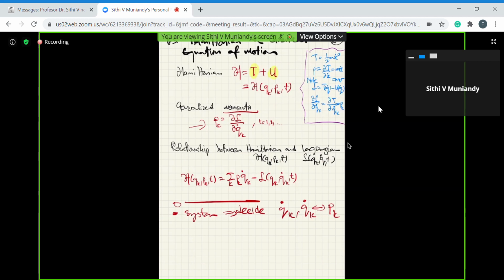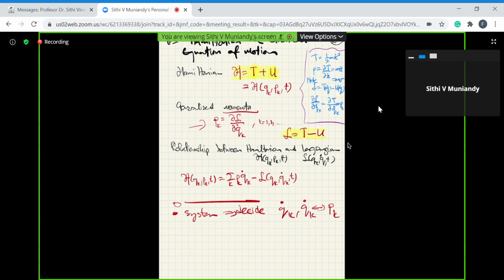So you still have to derive the Lagrangian, like it or not, because the Lagrangian is just the minus of this. So remember these two. Both of them involve T and U.